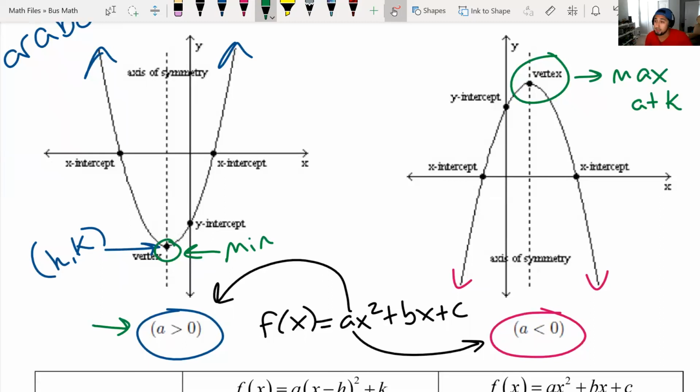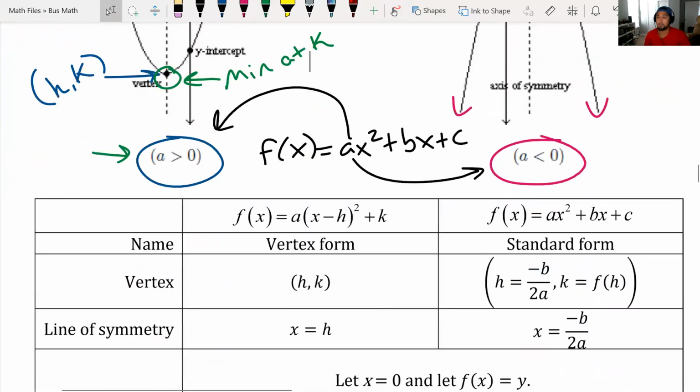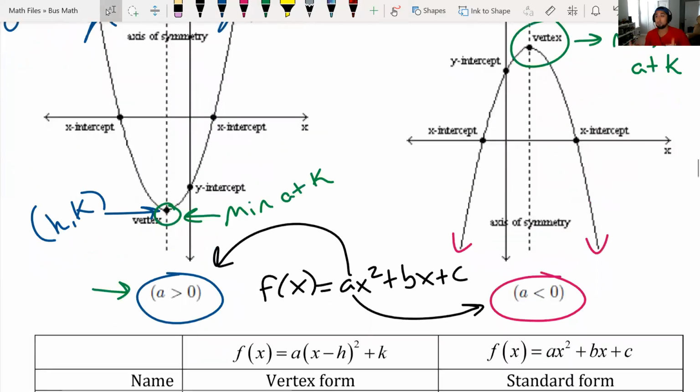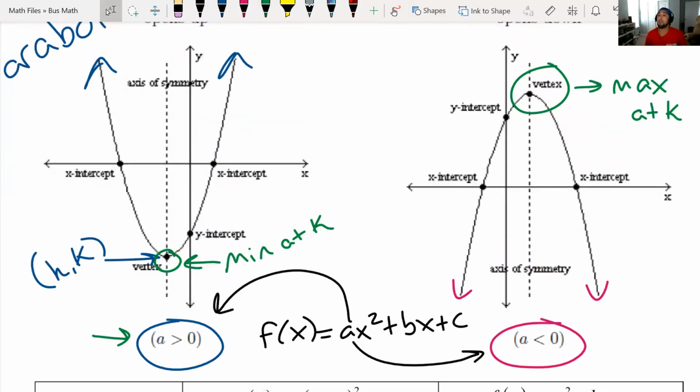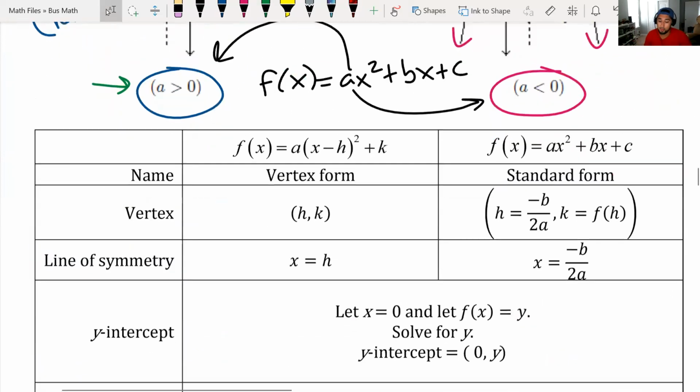And guess what? The minimum also happens at k. So if your parabola opens up, you have a minimum. If your parabola opens down, you have a maximum. A low point and a high point.